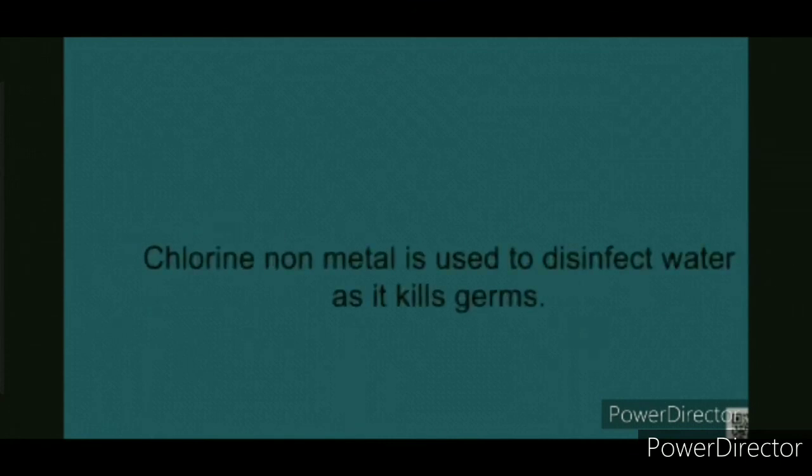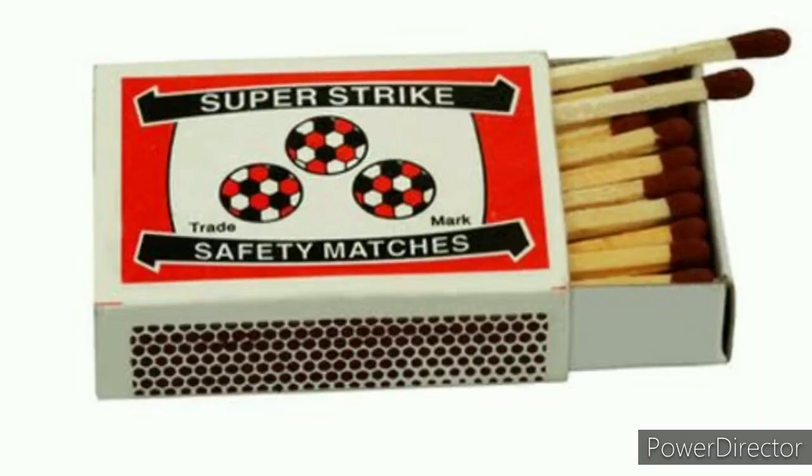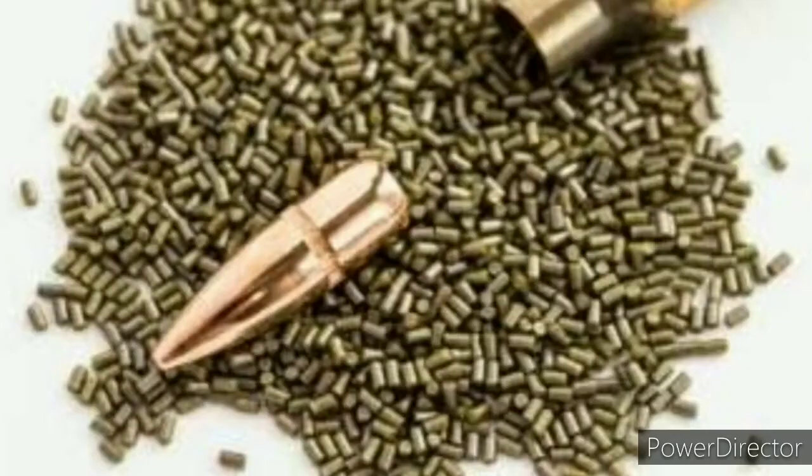Chlorine, a non-metal, is used to disinfect water as it kills germs. Non-metals are also used in the manufacturing of crackers, matchsticks, rat poison, dyes, fireworks and gunpowder.